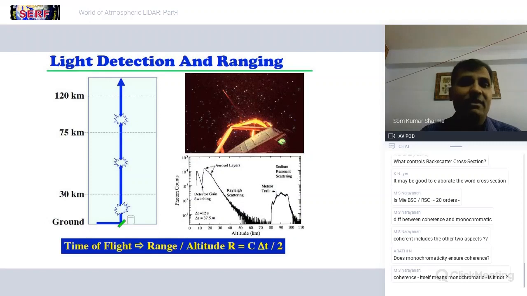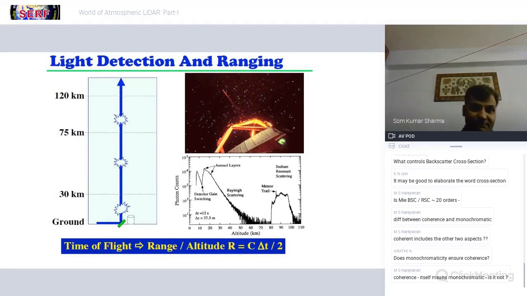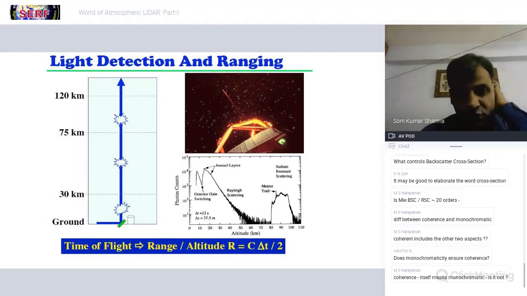Moving further, this was about laser. Now the laser has been used, and I am coming back to LIDAR. LIDAR is light detection and ranging. What happens? A powerful laser beam is pumped into the atmosphere, and the light is absorbed, attenuated, scattered; all these processes take place.